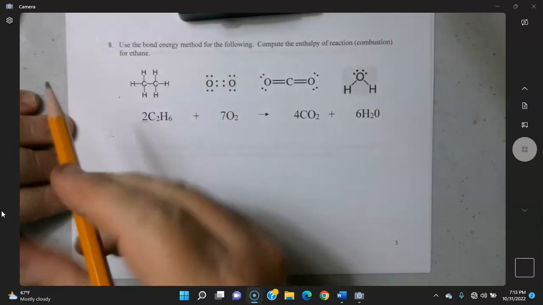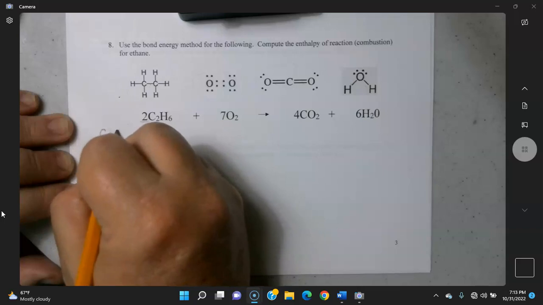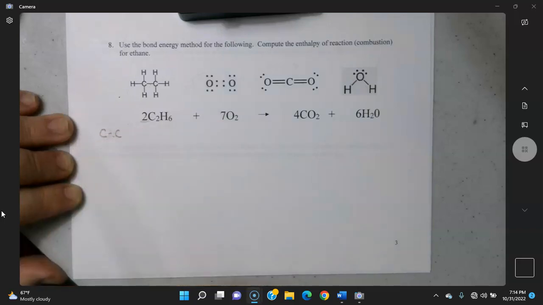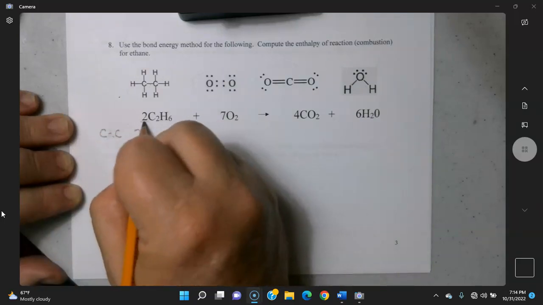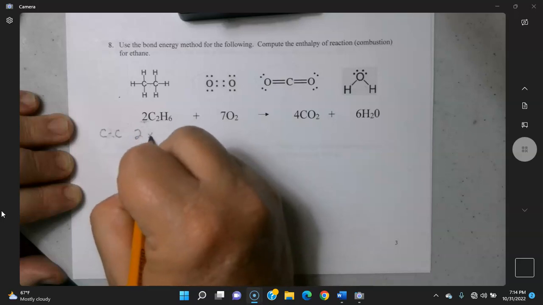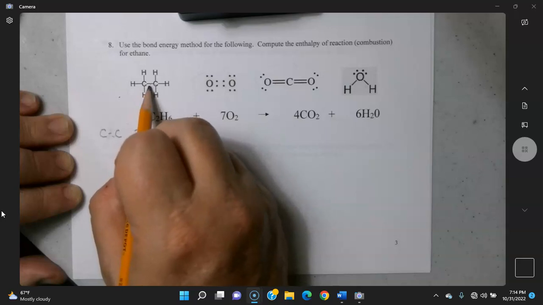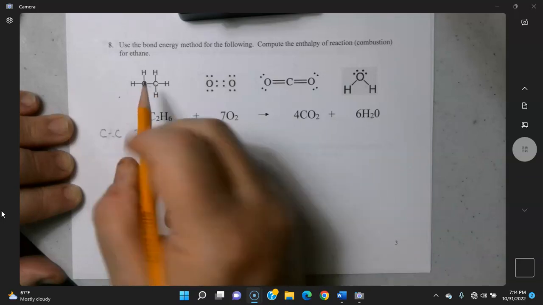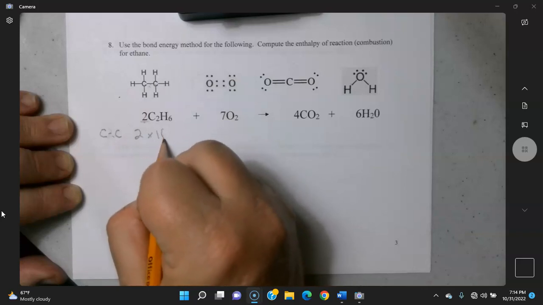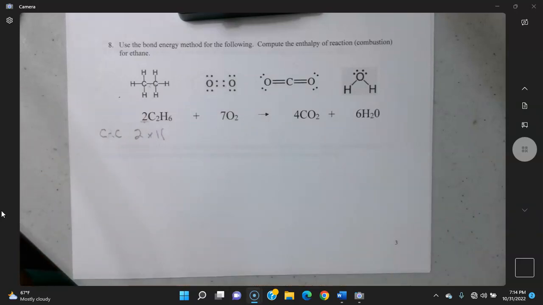Which bond am I doing? I'm doing carbon-carbon single bond. Okay, so I have two molecules times there's one carbon-carbon single bond. There's two carbons, but there's only one bond between them. So that's one carbon-carbon single bond. So it's times 1.